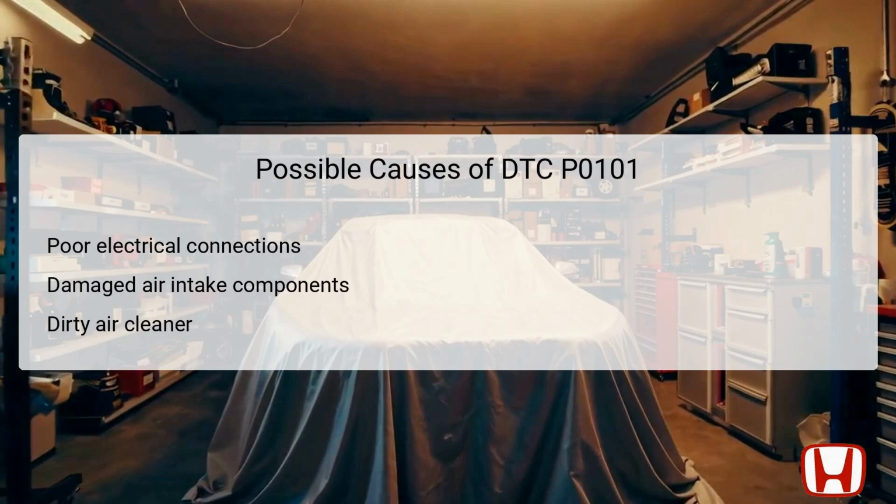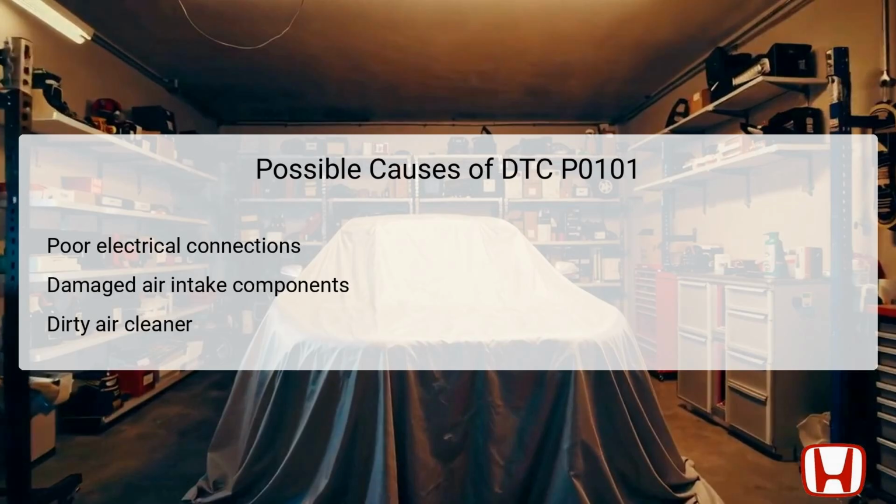Several possible causes can trigger the DTC P0101. One of the most common issues is poor electrical connections, which can prevent the MAF sensor from receiving accurate readings, leading to confusion in the engine's performance metrics. Additionally, any damage to components such as the intake air duct or vacuum hoses can disrupt the airflow measurements, further complicating the sensor's function.